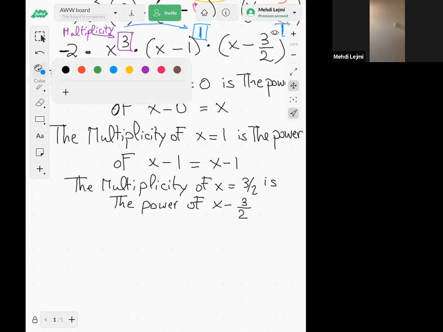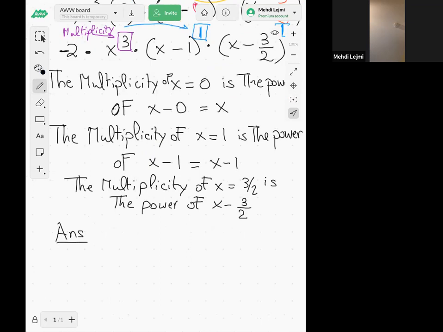So here's the final answer. We have the following roots. So x equal to 0, which is of multiplicity 3, right?